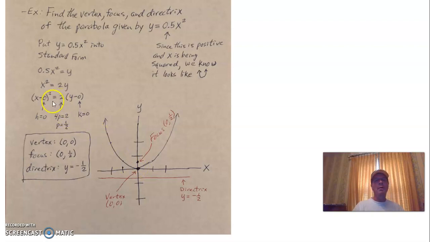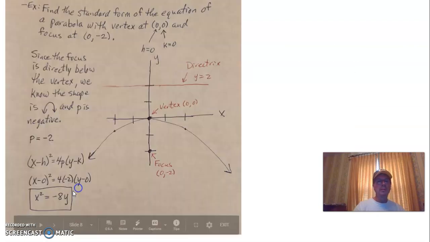Now, this part here in the standard form is the 4p part. So 4p must be equal to 2 because we have a 2 here. So that means p is 1/2, and p is positive, which again tells us it's going to be an upward parabola with the focus above the vertex. So where is the focus?